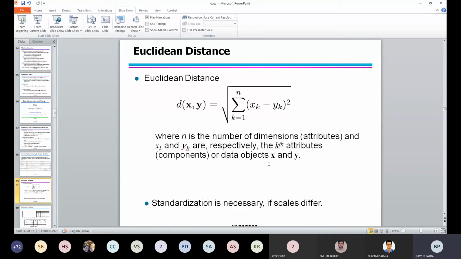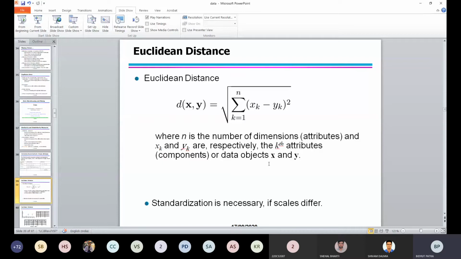And obviously it needs standardization. Why is standardization required? If you write distance in centimeters versus kilometers, it makes a huge difference. It is not the only issue. Say one attribute has a range of 0 to 1, and another attribute has a range of 0 to 100.